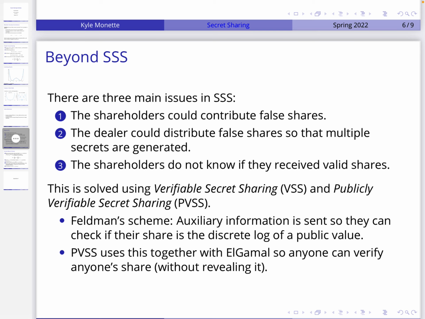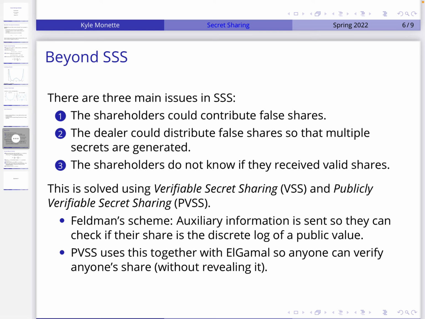With VSS, you as a shareholder can verify your share came from your polynomial. With publicly verifiable, anyone can verify anyone's share.